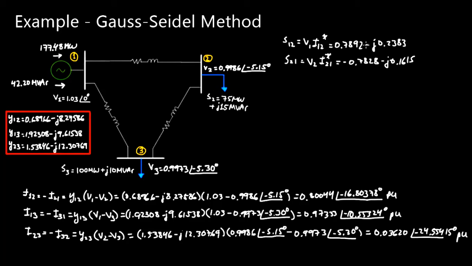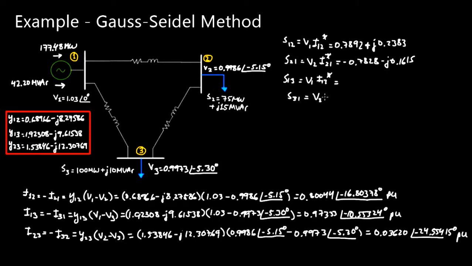We can do the same thing for S13 and S31, so let's do that. S13 is equal to V1 times I13 conjugate, and S31 is equal to V3 times I31 conjugate.